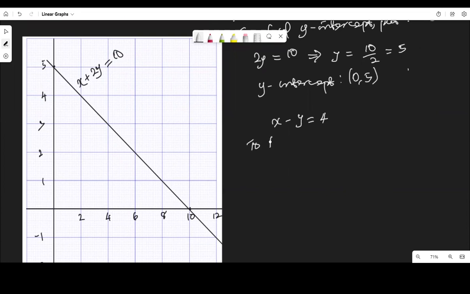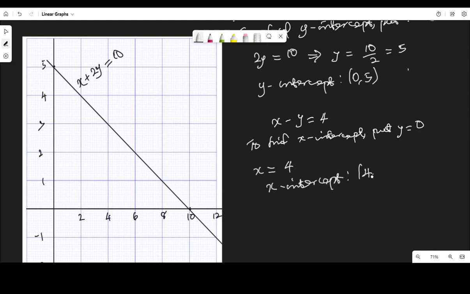To find x-intercept, we put y to be 0. So that if I put y to be 0, it means x is equal to 4. Hence, x-intercept is 4 and 0.